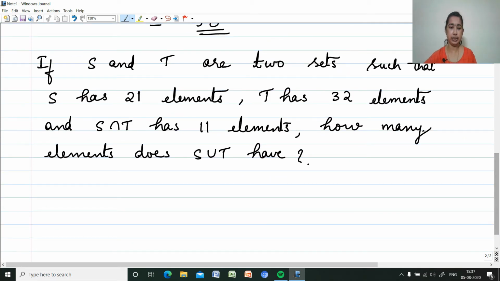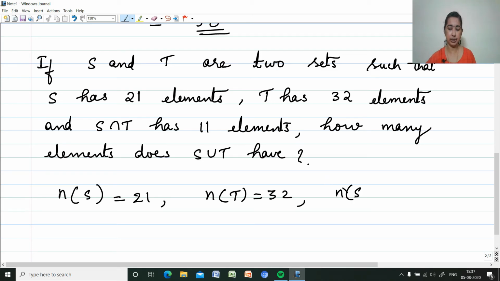So we have to list out the things given here. It is given n of S is equal to 21. T has 32 elements, so n of T is equal to 32. Then n of S intersection T is equal to 11. How many elements does S union T have?